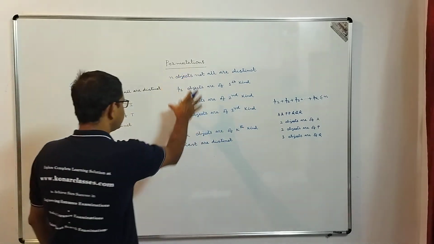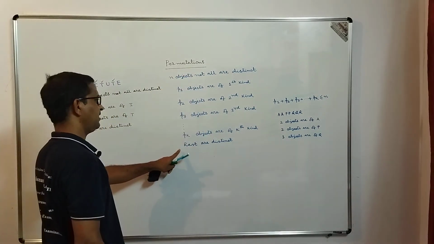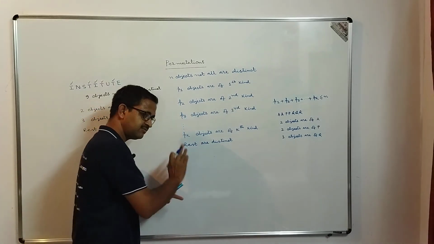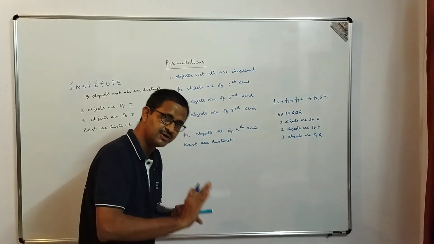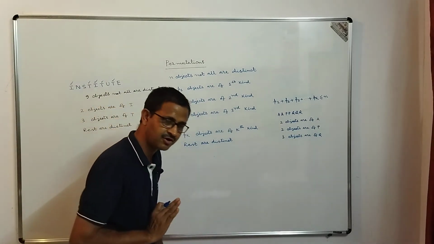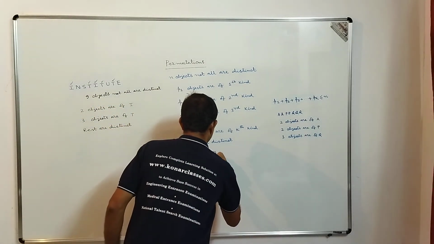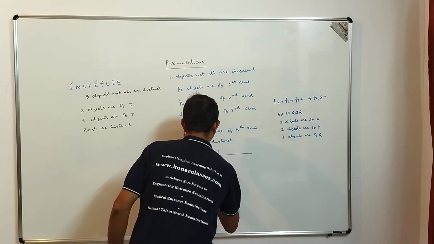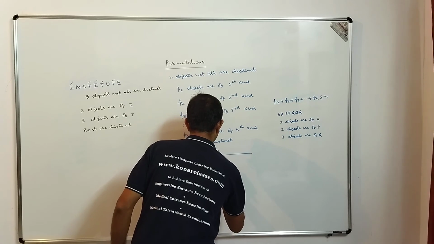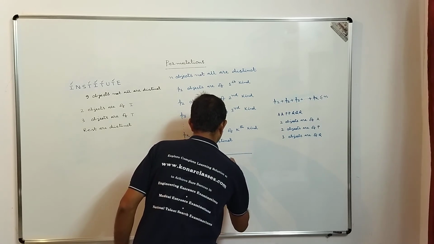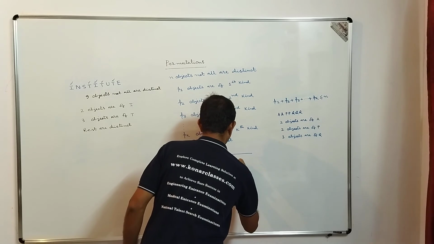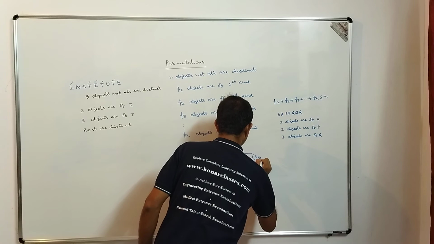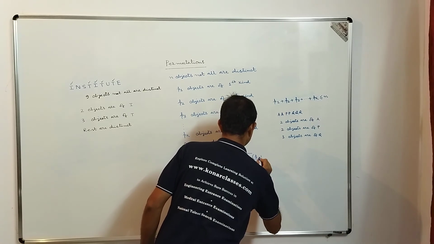Now, what is the formula for both cases? Whether or not there are distinct objects available after P1, P2, P3 up to Pk, the formula remains the same. The number of arrangements is n factorial divided by P1 factorial into P2 factorial into P3 factorial, and in that way up to Pk factorial, where k is the subscript.